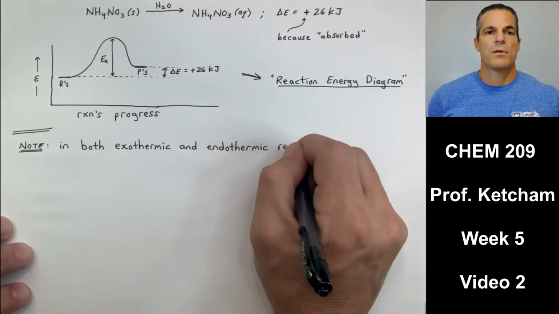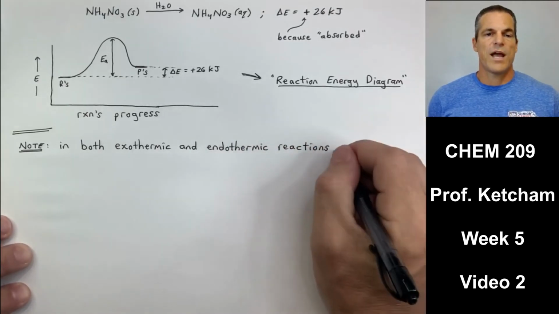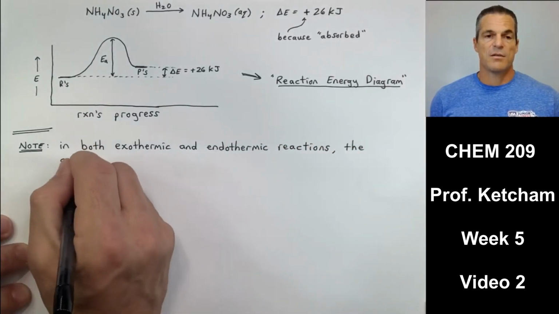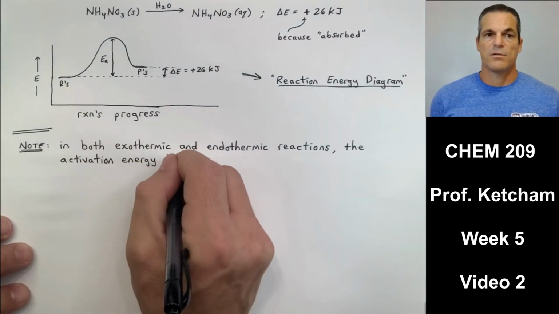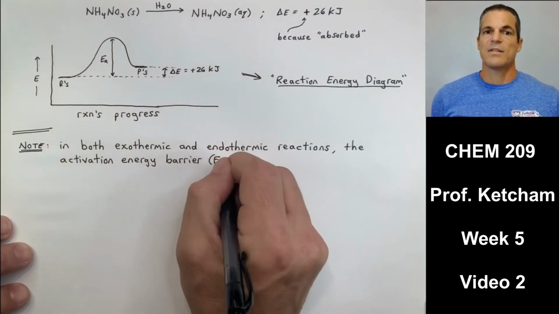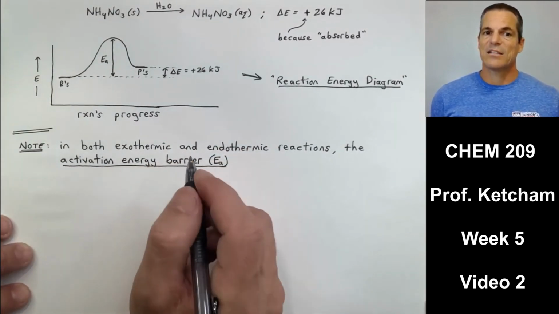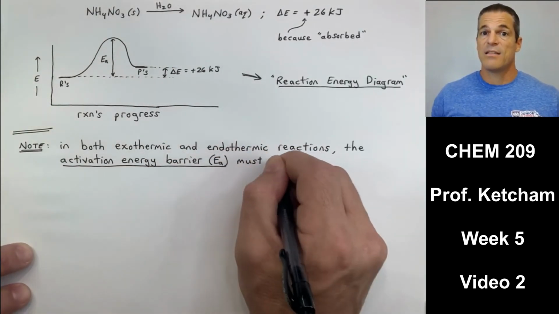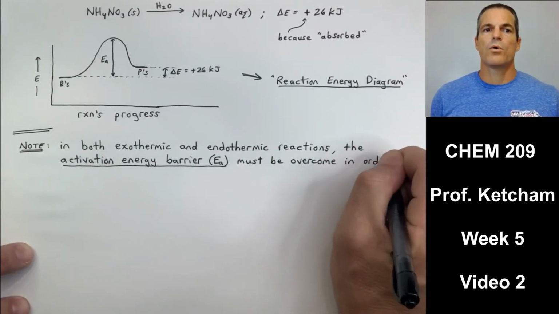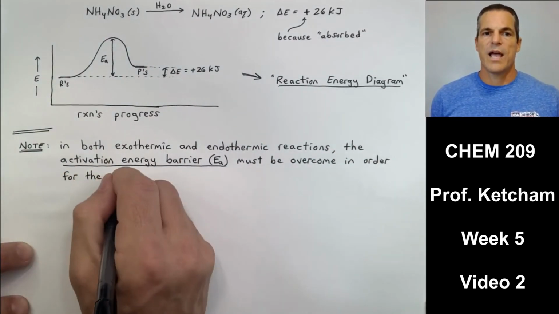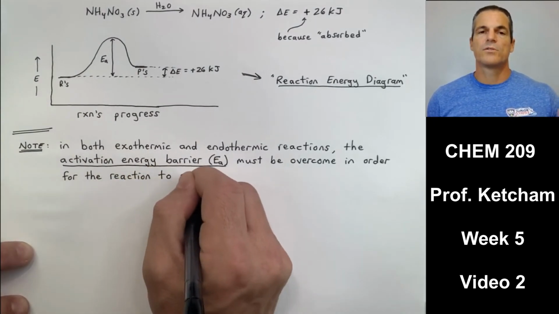Now, just a note, in both of those reaction diagrams I've just drawn, and in both of these sample balanced equations I drew, it says here, note, in both exothermic and endothermic reactions, the activation energy barrier, Ea, that hump, must be overcome in order for the reaction to move forward towards products.